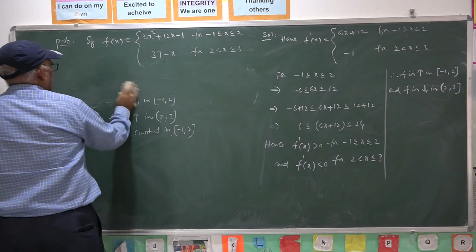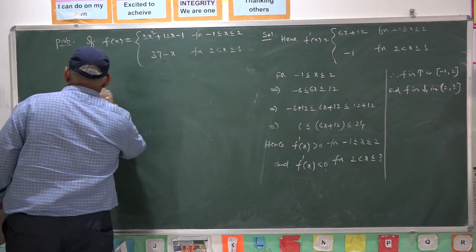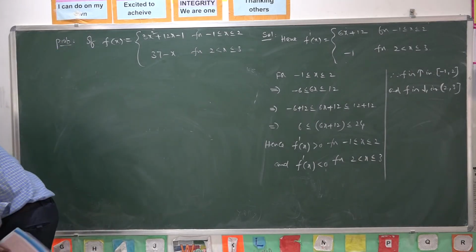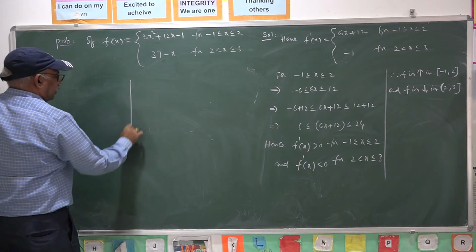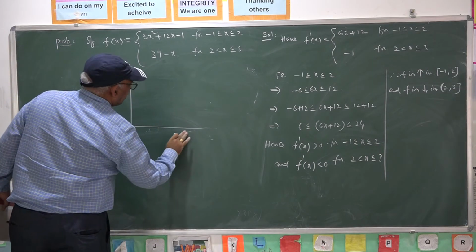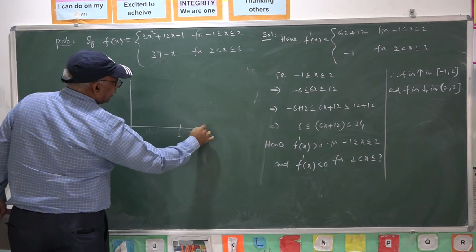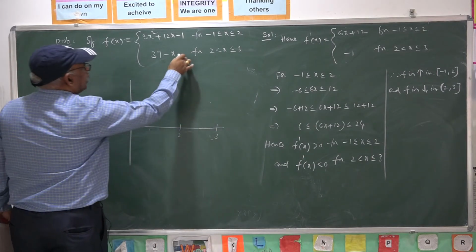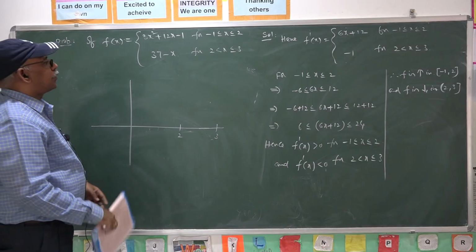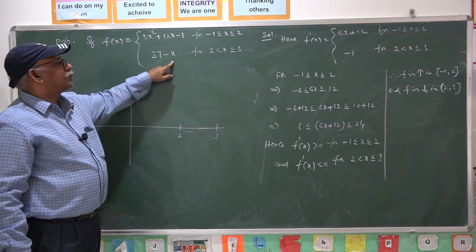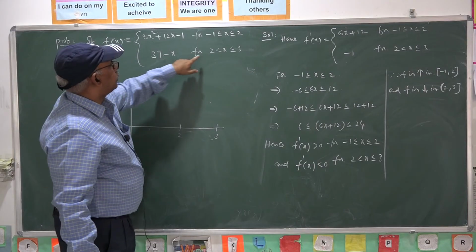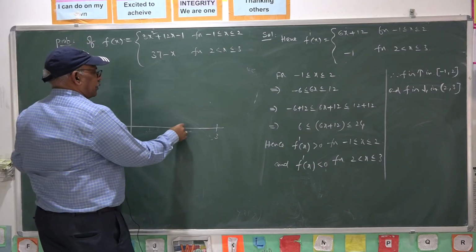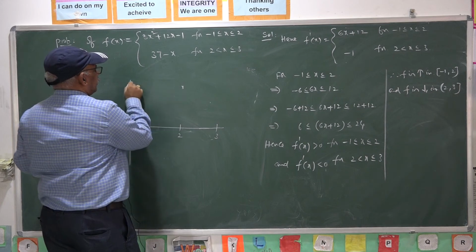Moreover, once you observe this function graphically, in the interval 2 to 3, what is the function? 37 minus x. So, x takes the lower value 2. It is 35.